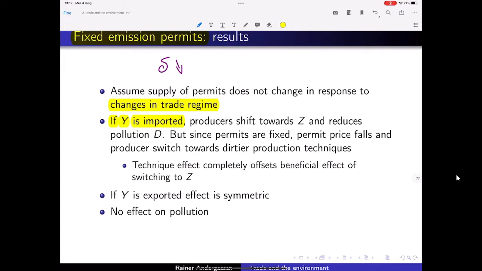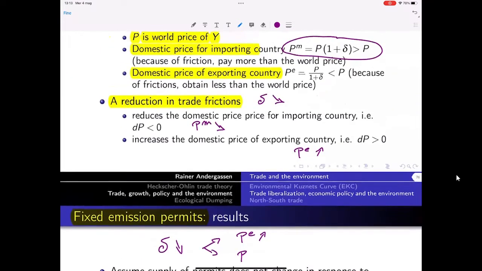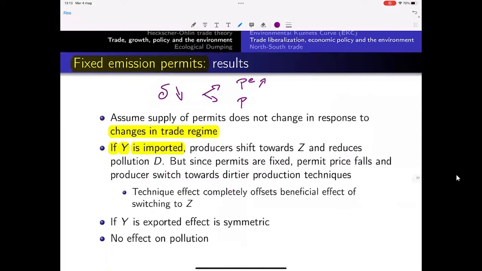Okay. Now remember what the reduction in delta leads to. The reduction in the trade frictions leads to an increase in the price for the exporter and a decline for the importers.